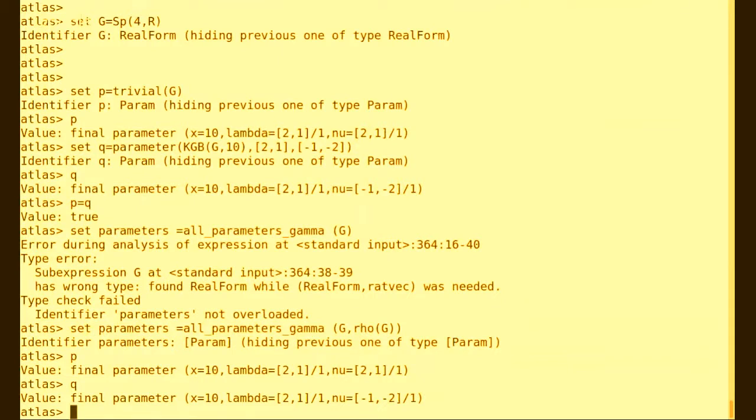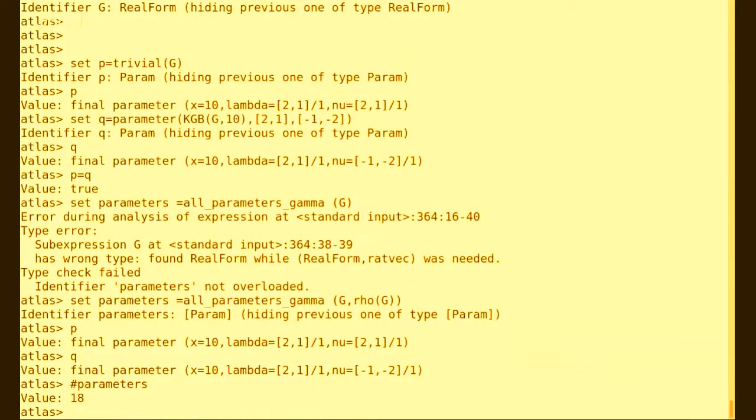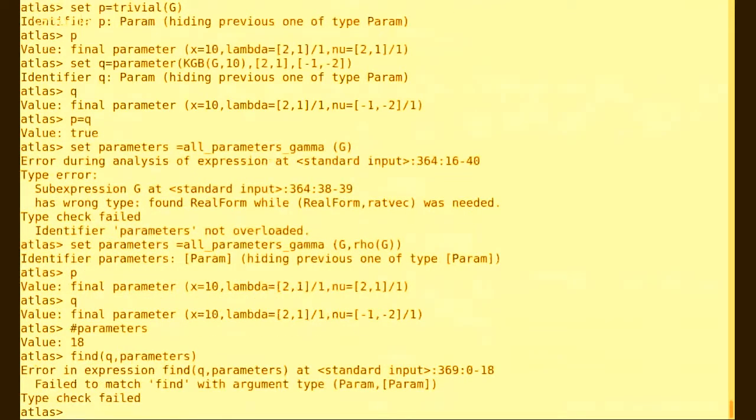And I think that Q is found in this list of parameters that I'm given, these 18 parameters. And there's a way to check. You can say find Q in this list of parameters. Oops. Well, let's try the other order.